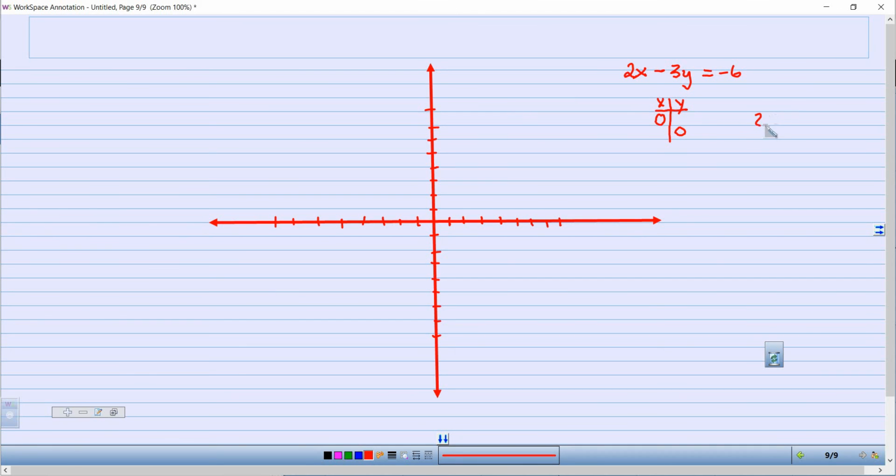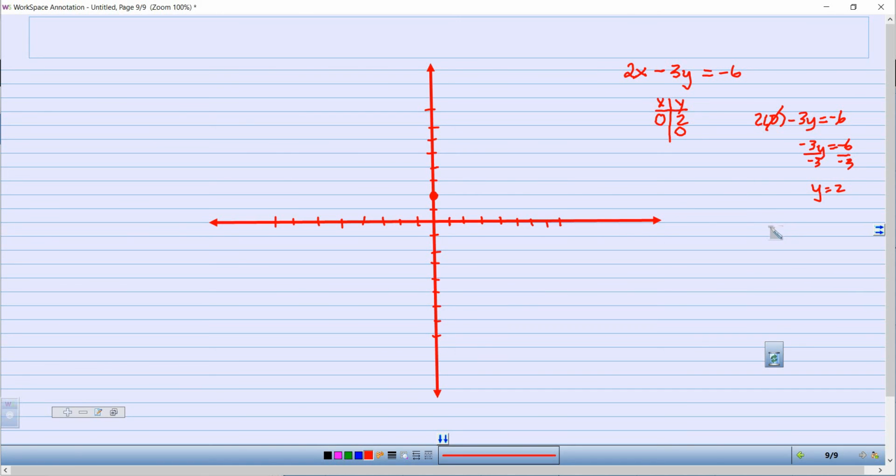All right, so first I'm going to do 2 times 0 minus 3 times y equals negative 6. Those go away. So I get negative 3y equals negative 6. And when I divide by negative 3, I get y is equal to 2. So my y-intercept is 2.